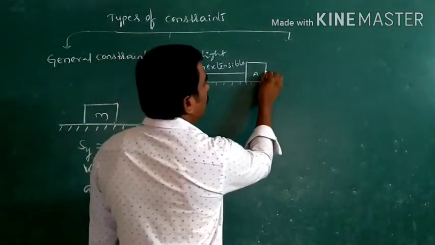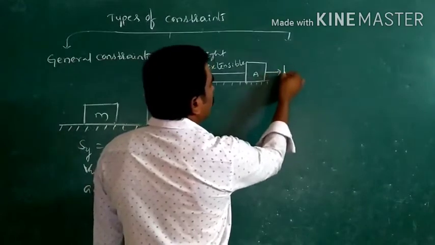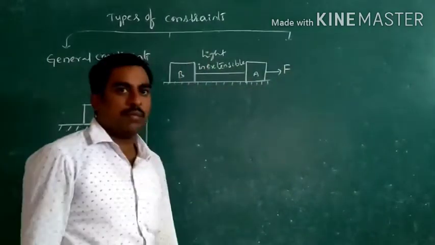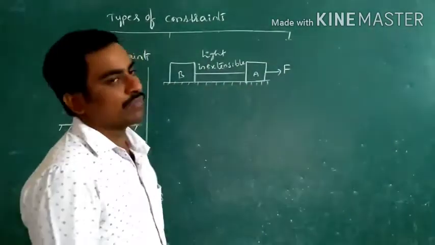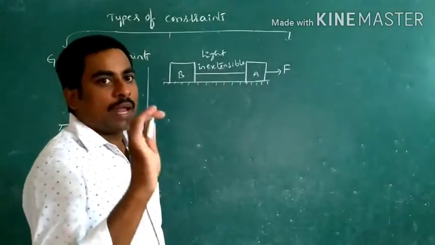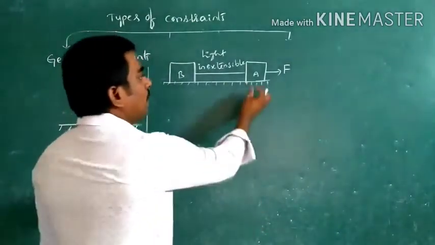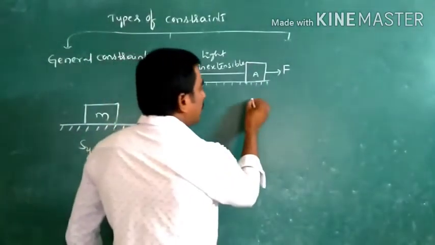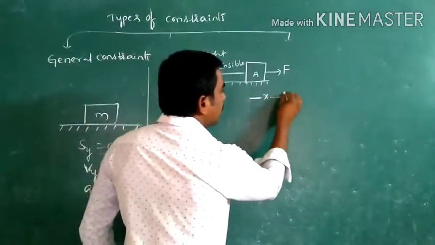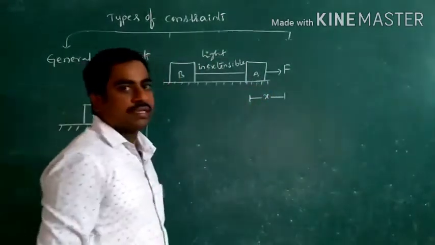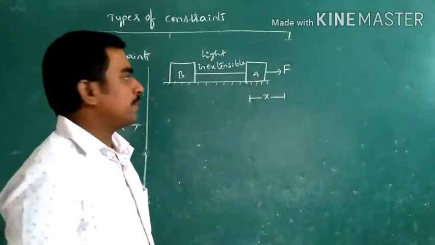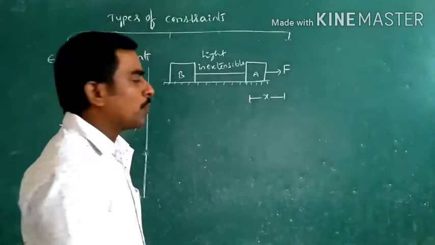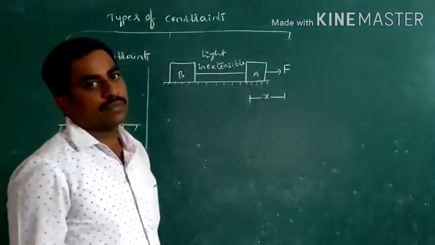Now I am going to apply a force F on block A. By the application of the force, block A covers a distance x. Now what is the distance covered by block B?